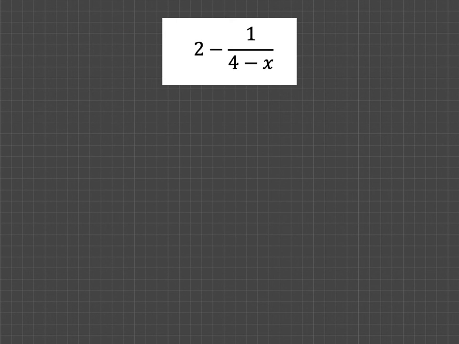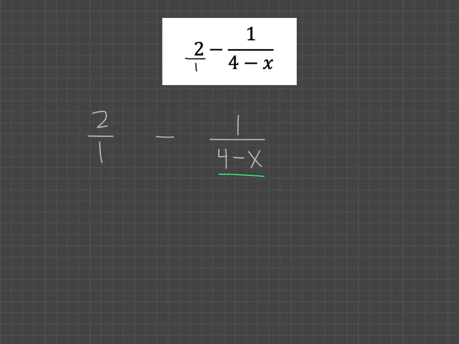So for this one, we have 2 minus 1 over 4 minus x. Let's remind ourselves that this 2 can be written as 2 over 1. So we've got 2 over 1 minus 1 over 4 minus x. There's no factoring that we can do. We just need to get the common denominator. The factor that we need is the 4 minus x, which we don't have over here with the 2 over 1.